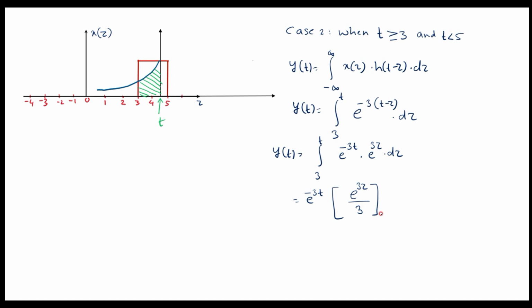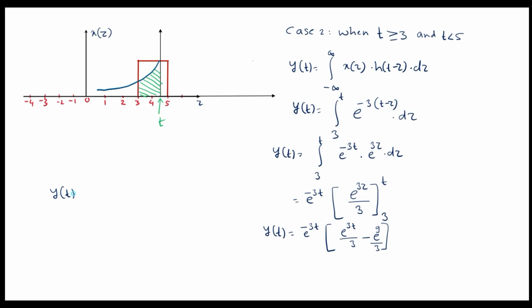We'll apply the limits 3 and t. Therefore, I can write y of t is equal to e power minus 3t times e power 3t divided by 3 minus e power 9 divided by 3.